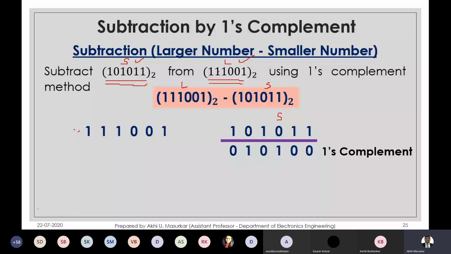Step number 2 is add this complement, add the one's complement to the larger number. So I took this number and added it to the larger number. So this is what we have to do. This is step number 2. Now I want you all to add this and tell me what is the answer.